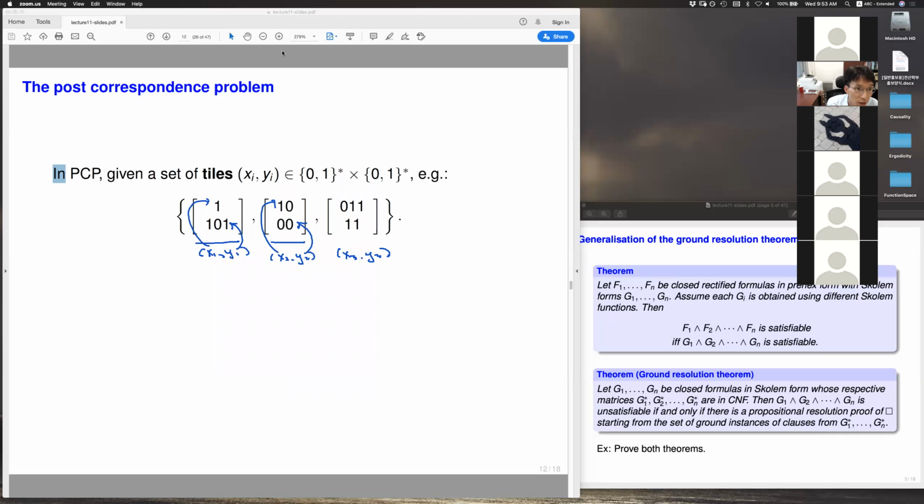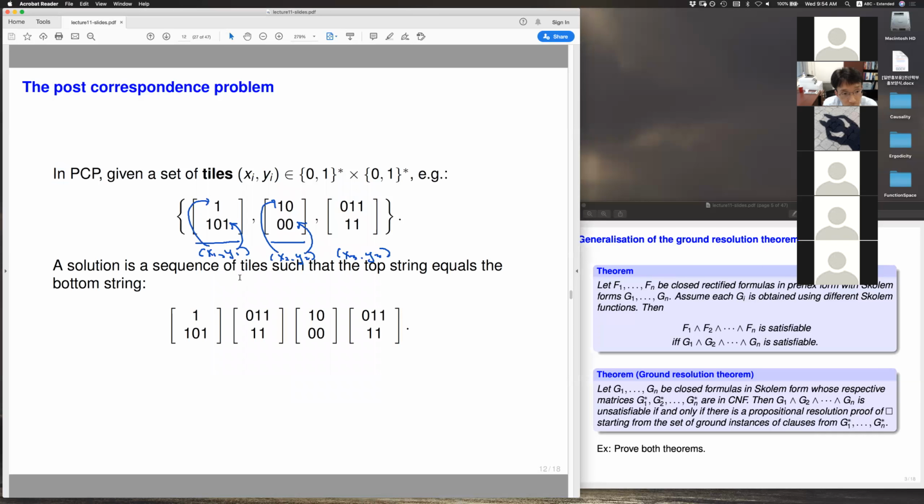And then the question is whether we can find a sequence of tiles such that if we put all these tiles according to the sequence, we'll have 2 strings, one coming from the x part, the other coming from the y part. And this PCP question asks whether we can find such a sequence such that the top sequence and the bottom sequence are the same.